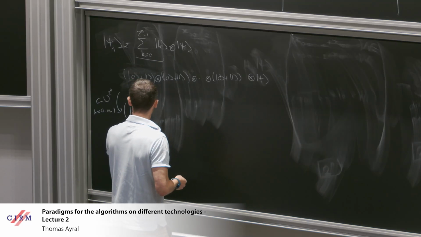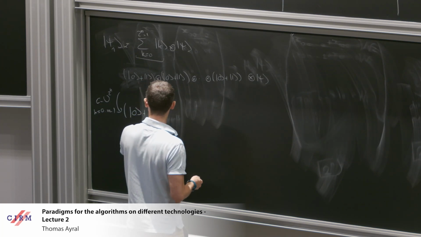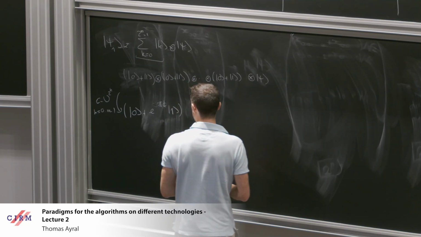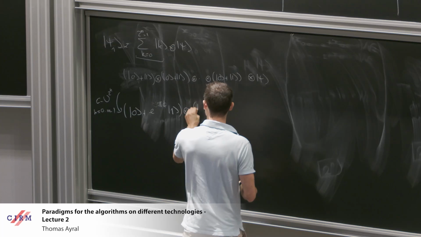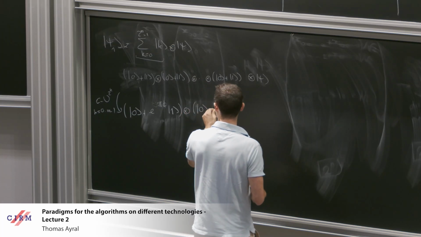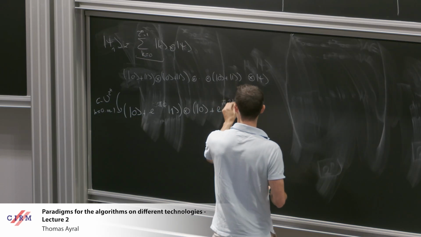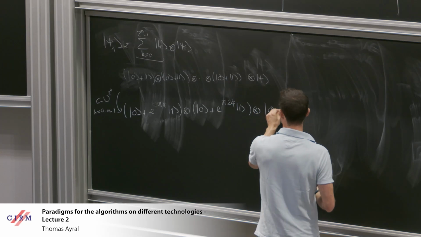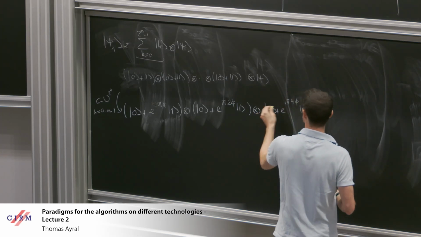So |0> plus exponential of I pi phi times |1> for the first qubit, tensor, the second qubit is going to be |0> plus exponential of I pi 2 phi times |1>. And then |0> plus exponential of I pi 4 phi times |1>.